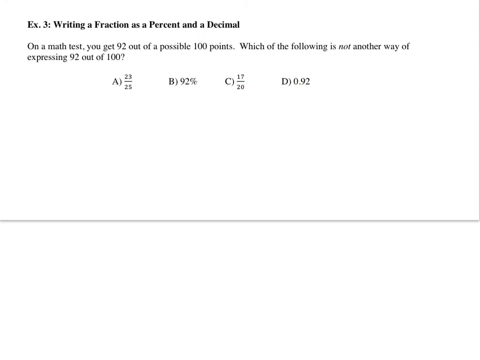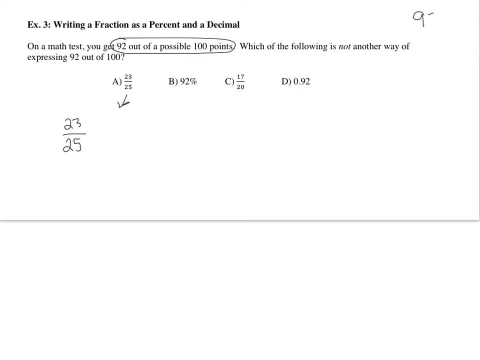We've got to figure out which ones of these are not equivalent. First of all, we're going to take a peek at our first ratio, 23 out of 25. And before we do anything there, let's take a look at the initial ratio, 92 out of a possible 100.